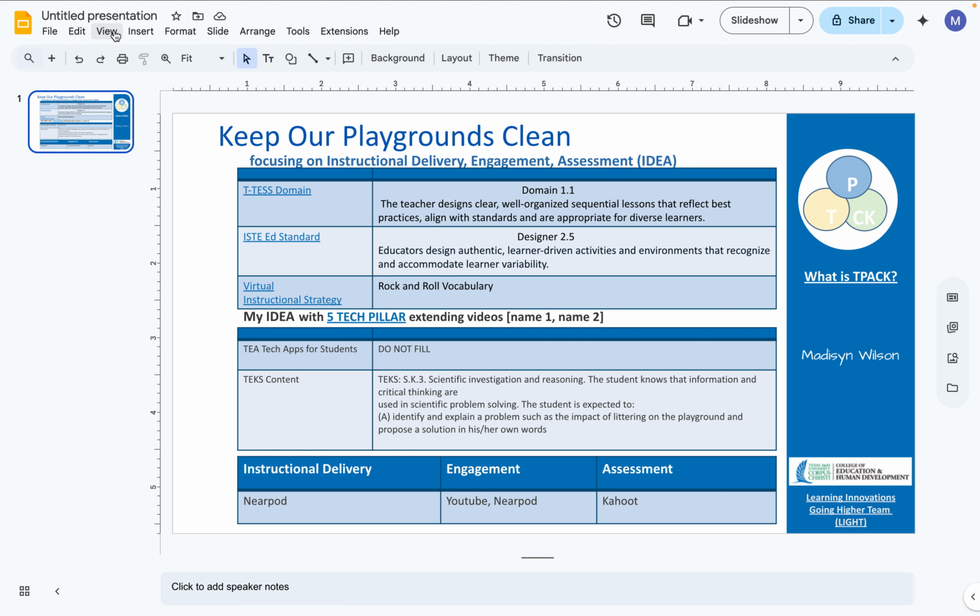For my virtual instructional strategy, I decided to use rock and roll vocabulary. I think this works best for this lesson because a lot of kindergartners may not know some of the words that I'm going to be using, such as reduce, reuse, recycle, litter. This will give me an extra cushion to make sure they know those words and kind of reteach them.